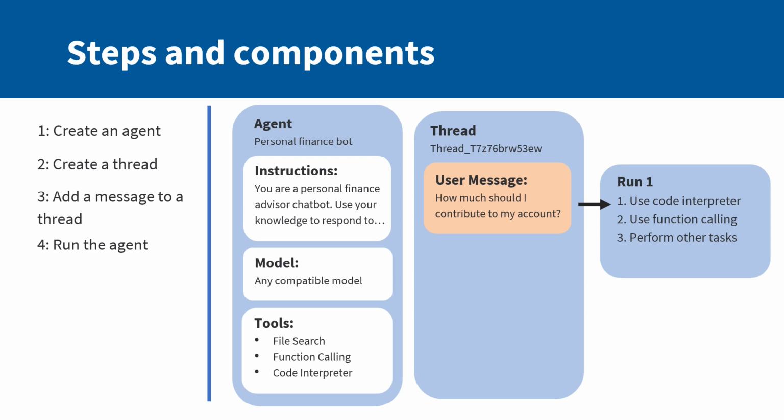Since it has file search, function calling, and code interpreter, the agent will autonomously decide what tools to use based on your user message. It may decide to use the code interpreter, function calling, or perform other tasks. And then the fifth step is to check the run status.